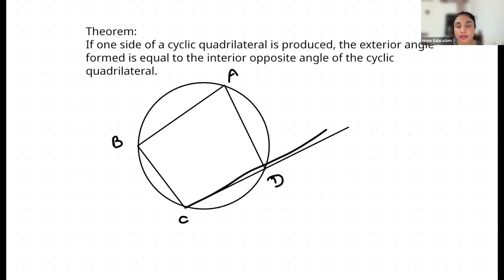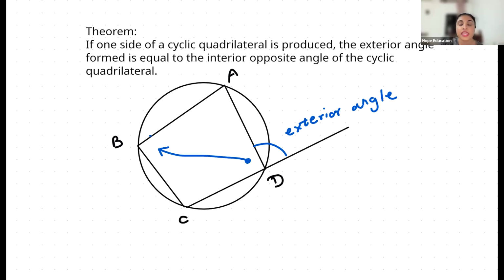Whatever was extended, the angle it forms with the other side is what we call the exterior angle. You're already familiar with the exterior angle because we have learned it in triangles also, right? So this is the exterior angle. In cyclic quadrilaterals, this exterior angle is equal not to the interior angle next to it, but to the interior opposite angle.